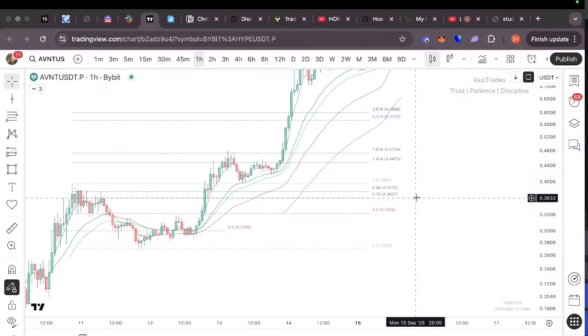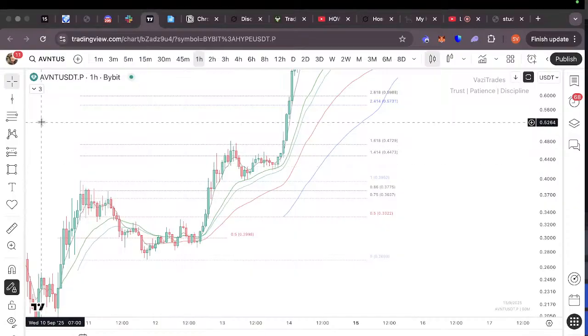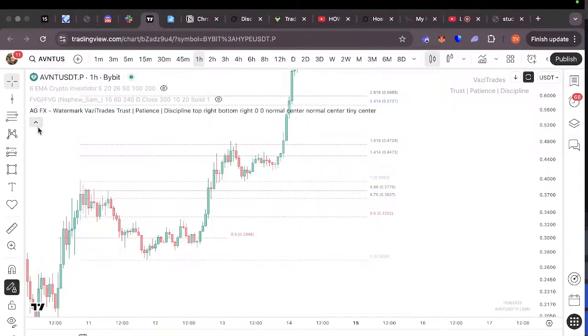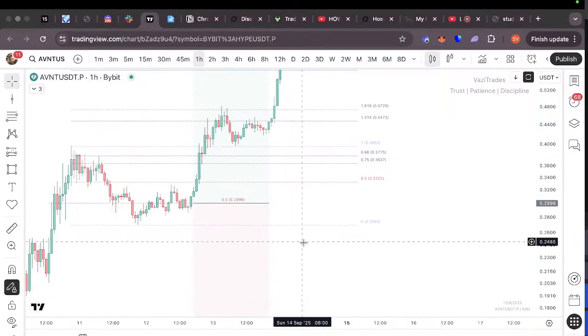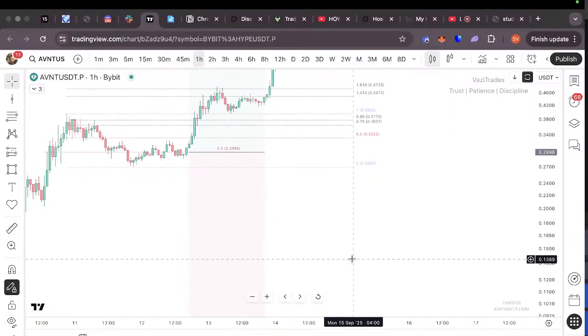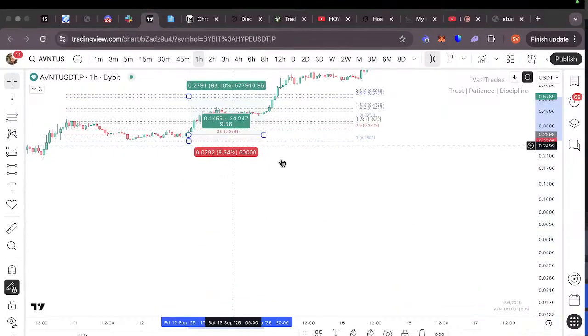Then, as I said, 0.5, 0.75, they are all resistance and support, right? They can stand as resistance and support. And if I would long from the 0.5 level, the stop loss would be just below.